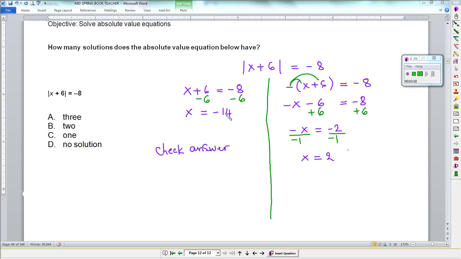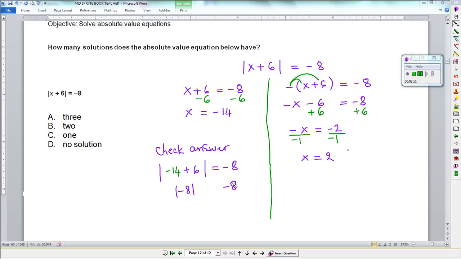Let's start with x equals negative 14. We substitute it into the absolute value equation. Negative 14 plus 6 gives us negative 8, so we have the absolute value of negative 8.